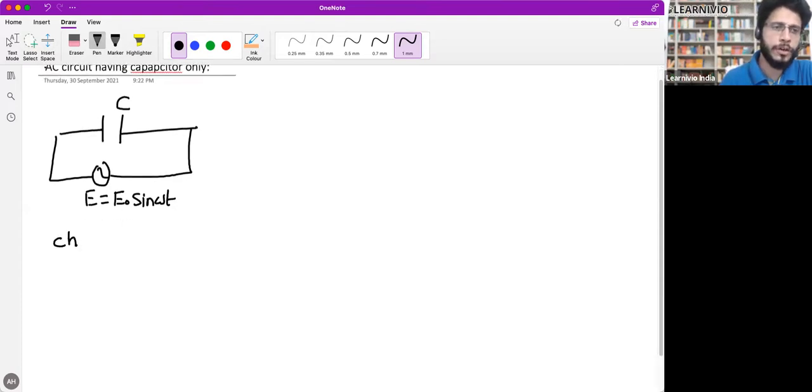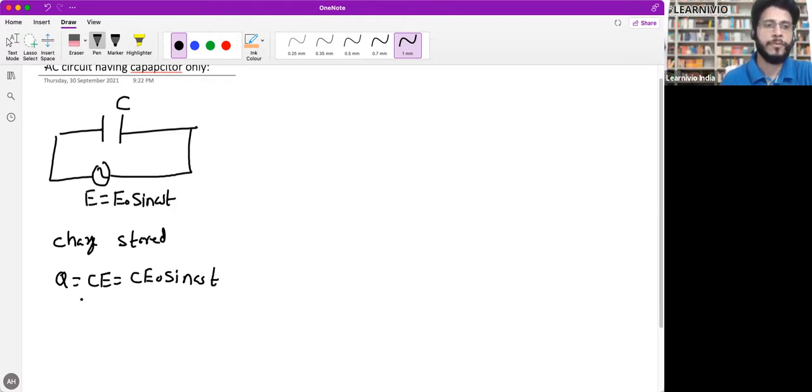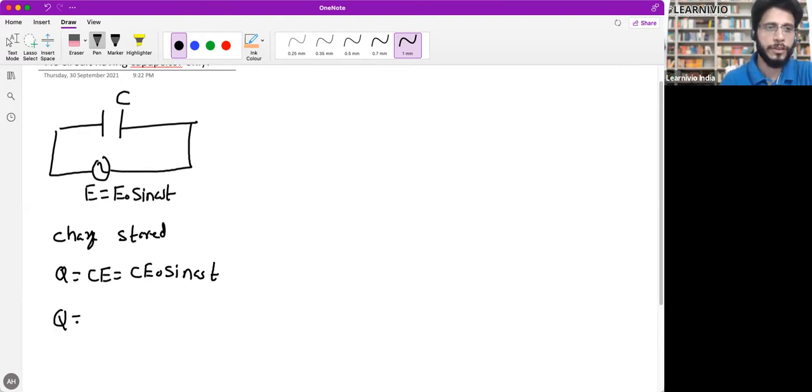For the equation of current, first of all, let's calculate the charge stored in the capacitor. Charge stored Q is CE, or you can write this as CE naught sine omega t.